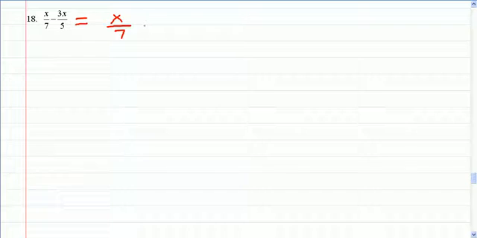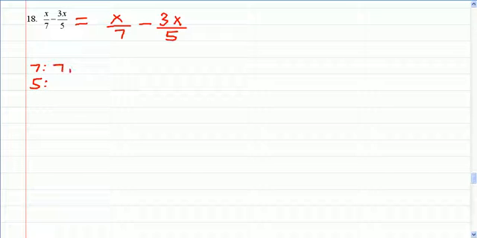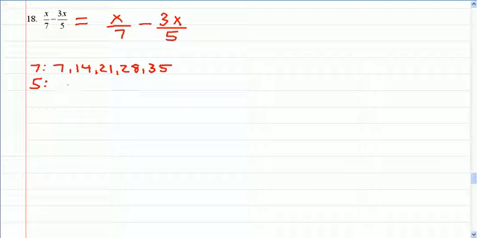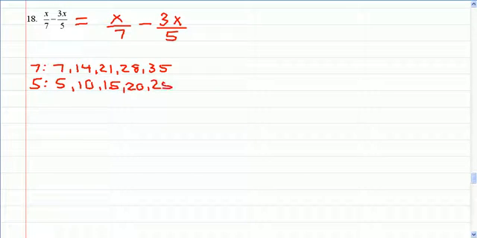And for 18, we have x over 7 minus 3x over 5. So I write the multiples of 7 and 5. And I don't have a match up to 5, but if I extend the smaller list, or the list that ends with the smaller number, I now get a match at 35.